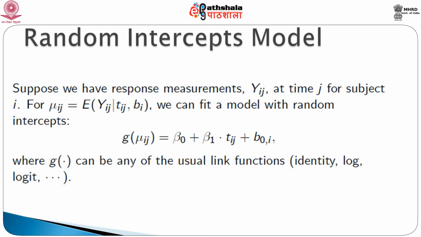Suppose we have response measurements yij at time j, and given the random component, this is the expectation of yij given tij, bi. So we can fit a model with random intercept. The link function is g(mu ij) equals beta naught plus beta 1 tij plus b naught i.